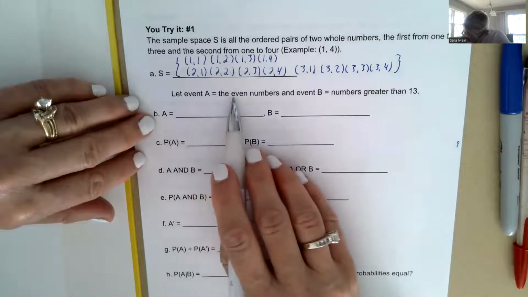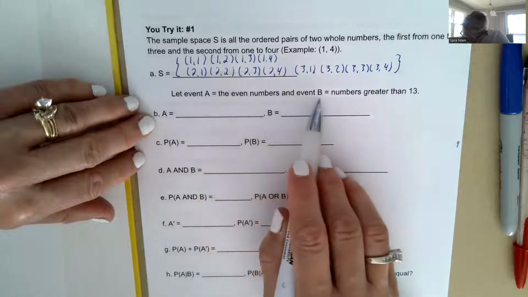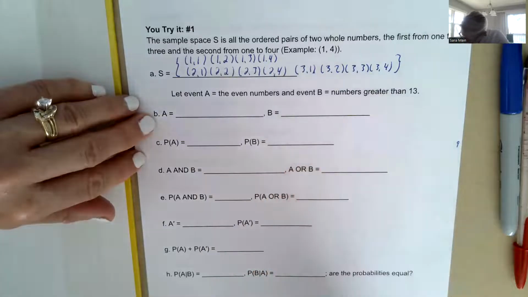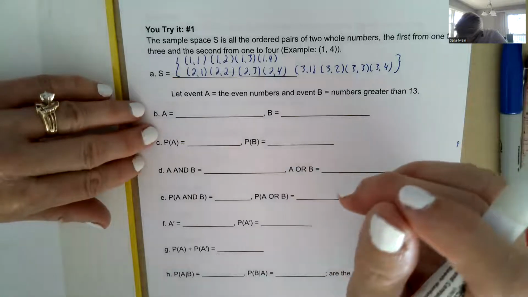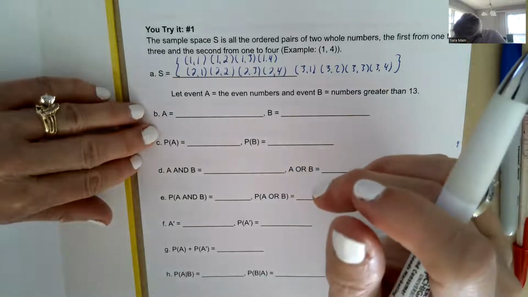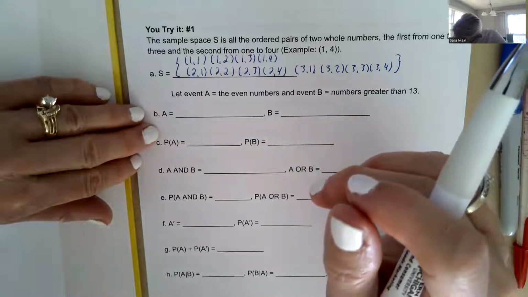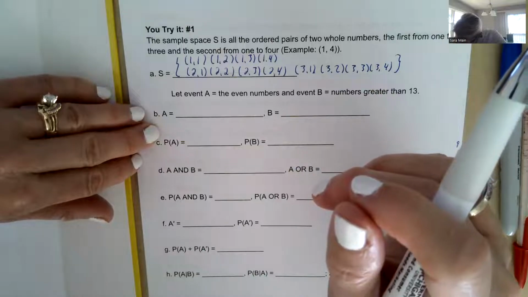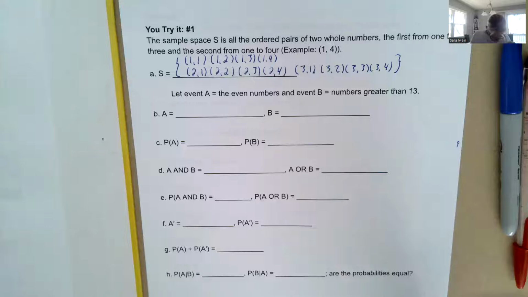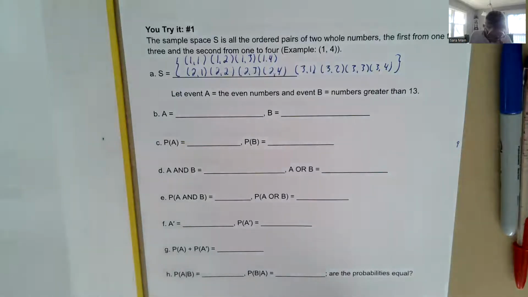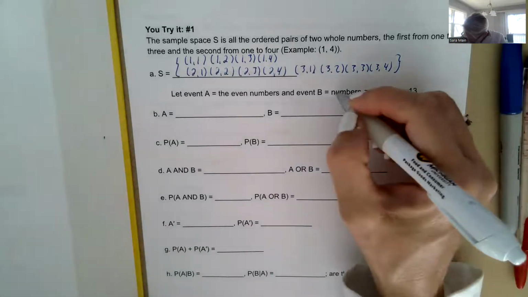Let A be the even numbers, and B the numbers greater than 13. I mistyped that.